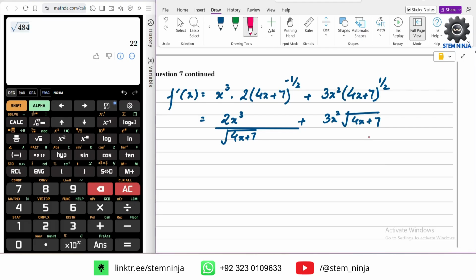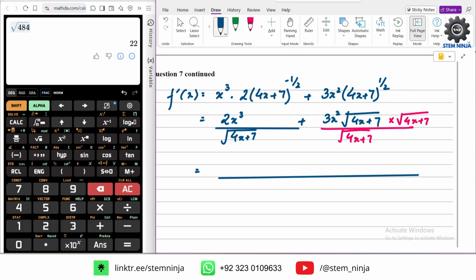Okay, so what if we divide this by root 4x plus 7 and times it by root 4x plus 7? So we will get square root 4x plus 7, 2x cubed plus 3x squared, 4x plus 7.